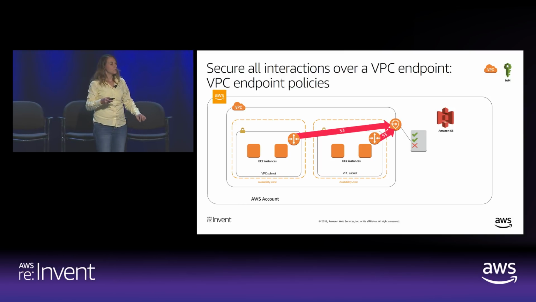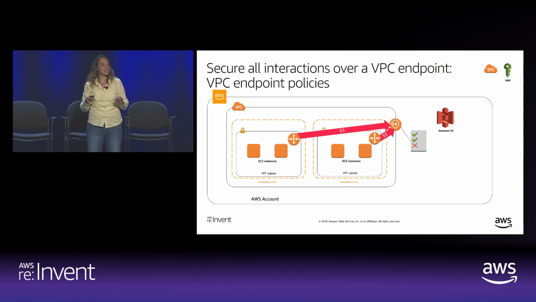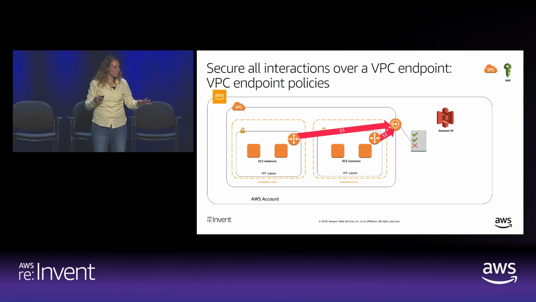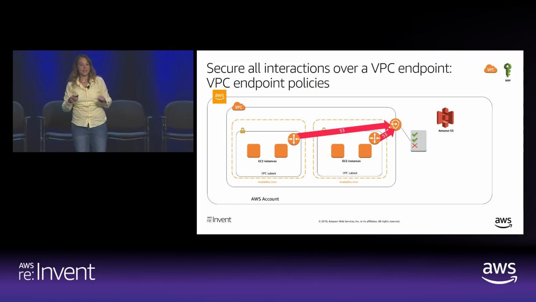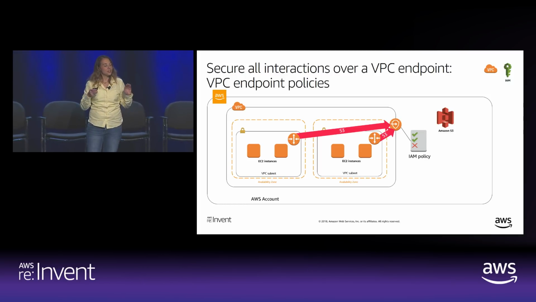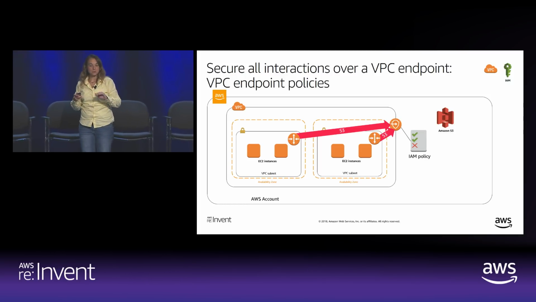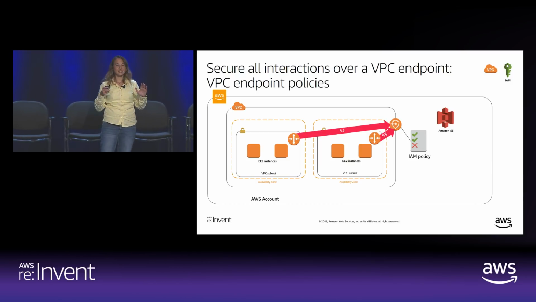But with my VPC endpoint to S3 here, I can attach an IAM policy not to a principal, not to an S3 bucket, but to my network. The effect of that, and I'll show you an example in the next slide, is that I now get to use my network as a security perimeter.